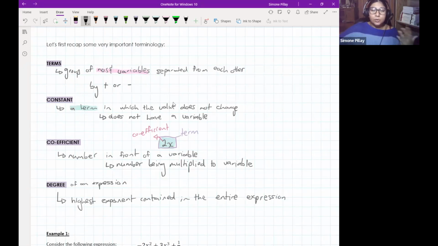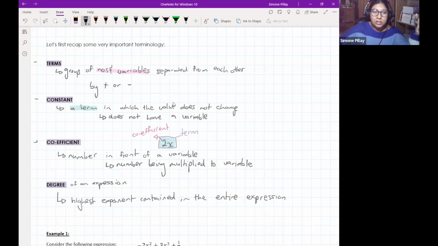Now, these terms that we have spoken about, this terminology, these are all parts that make up an expression. So an expression has terms. Inside the terms, we could also have a term that is constant. So we have terms. We also have a type of term, which we call a constant. And then we also have a coefficient.